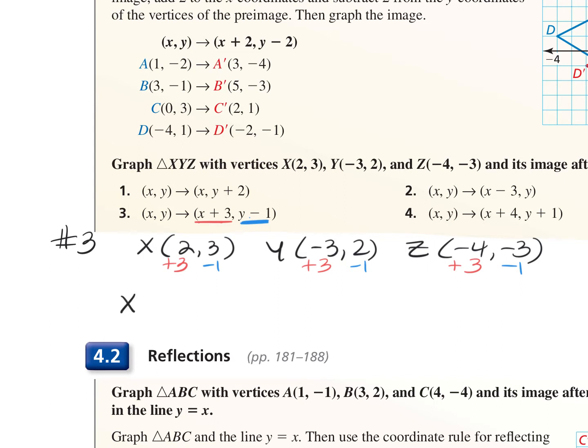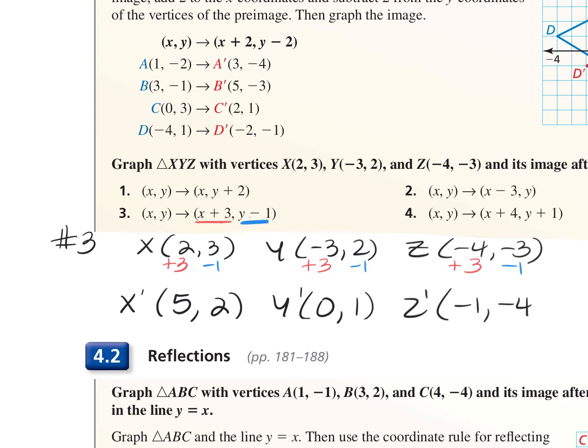And again, the new figure is usually indicated with a little apostrophe or a prime mark. So I'm going to add 2 plus 3, 3 minus 1, the Y, -3 plus 3 is 0, 2 minus 1 is 1, and then my new Z is -1, -4.